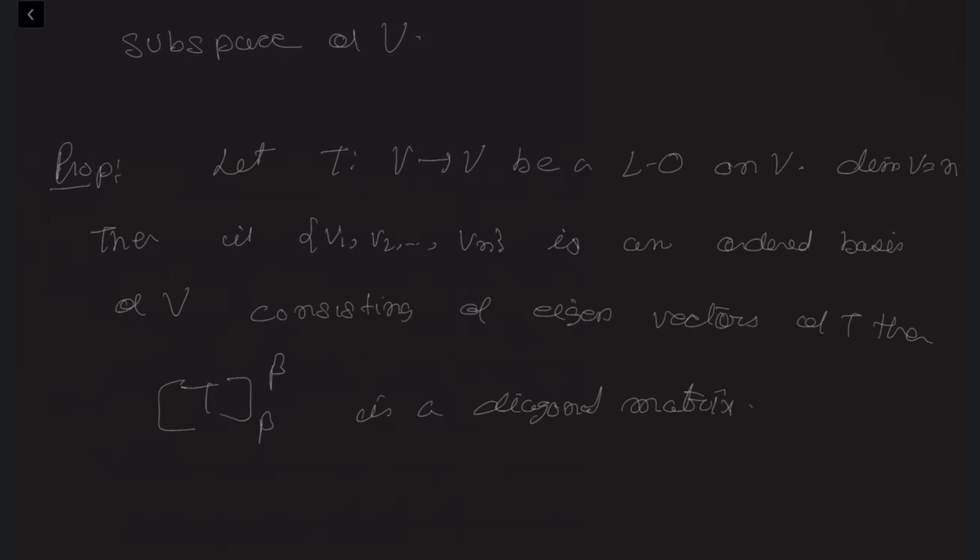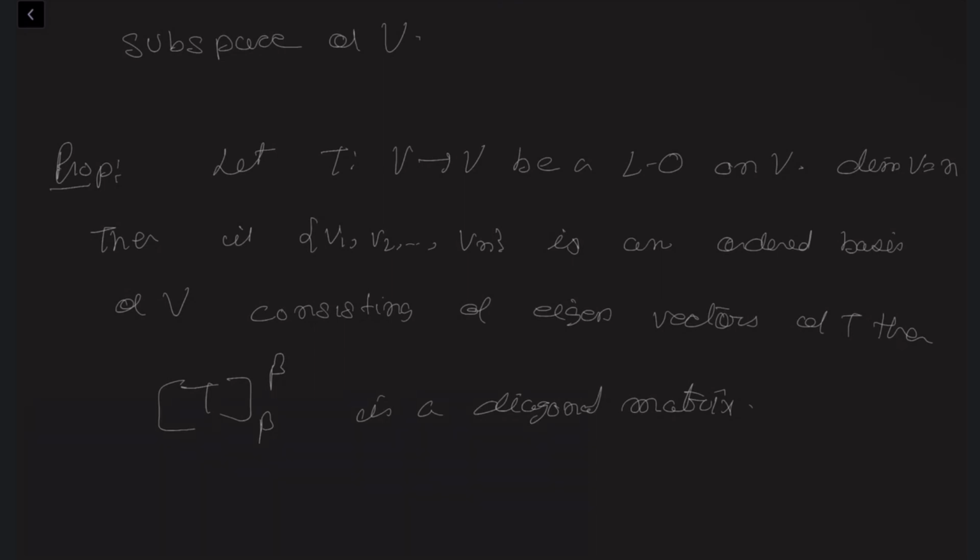So we have an ordered basis v1, v2, ..., vn here, and if this basis consists of eigenvectors, which are also elements of V, then the corresponding matrix that we form, which I have denoted by T beta beta, is actually a diagonal matrix.